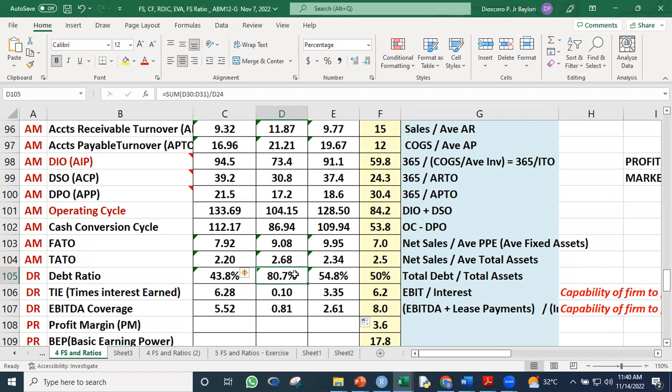From your EBIT, ileless natin yung interest. You have your taxable base, no? Taxable income, earnings before tax. So kung mababa yung EBT, earnings before tax, kung bumaba siya because mataas yung interest, no? bababa yung tax. However, the danger there again is if the company is unable to pay its obligations, no?